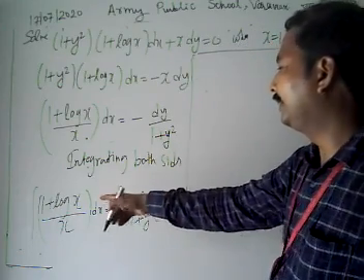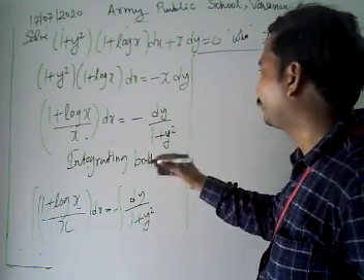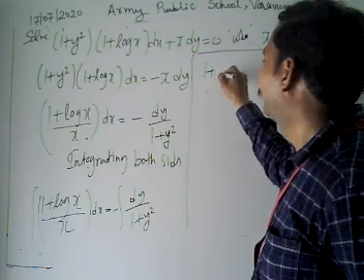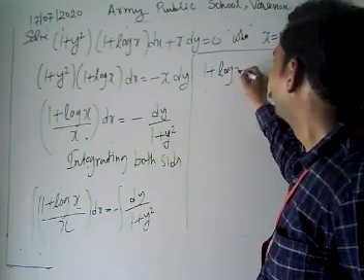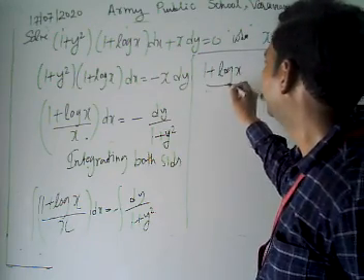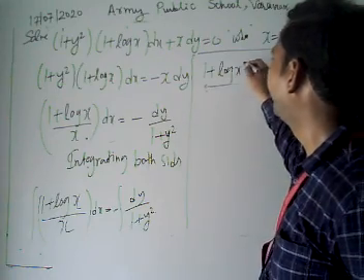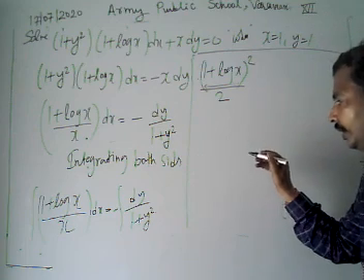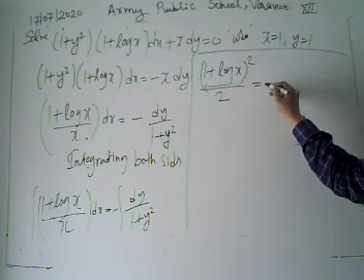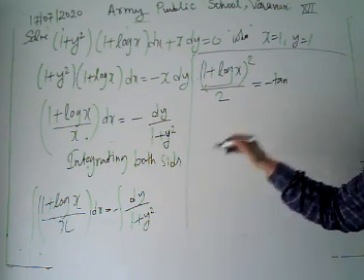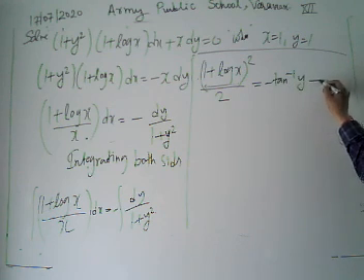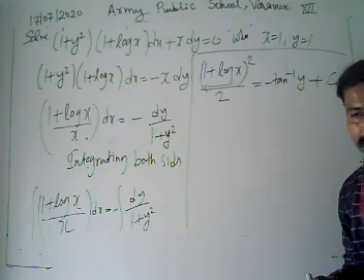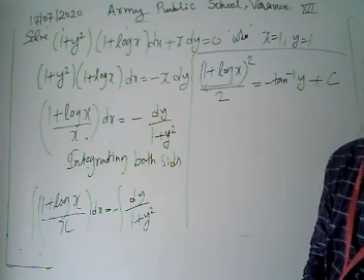Then it is t dt, and the integration is t square by 2. Then we have 1 plus log x whole square by 2, equal to minus tan inverse y plus c.